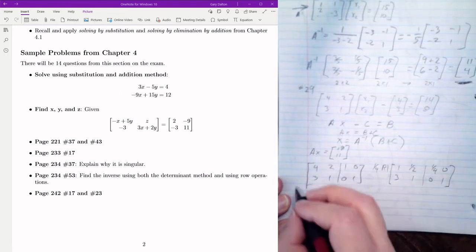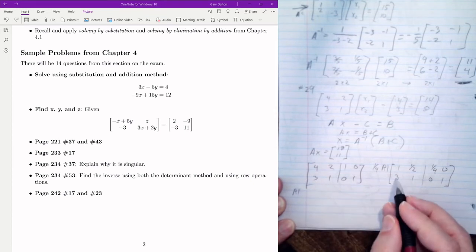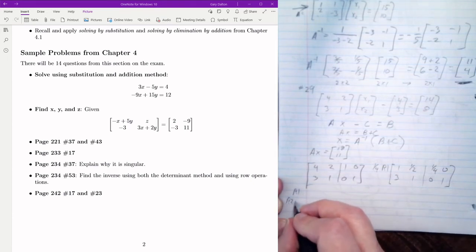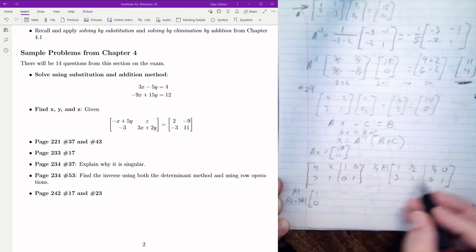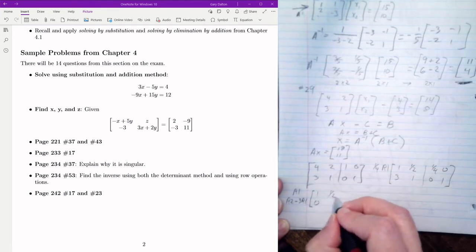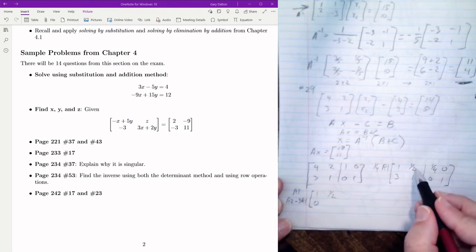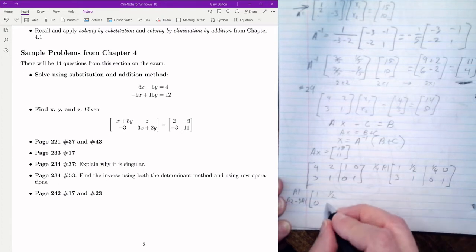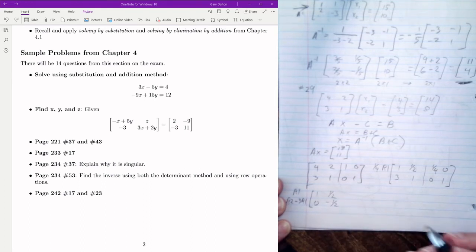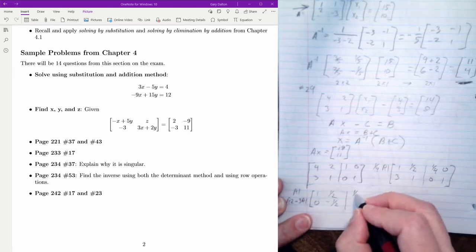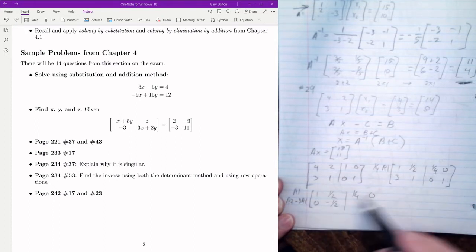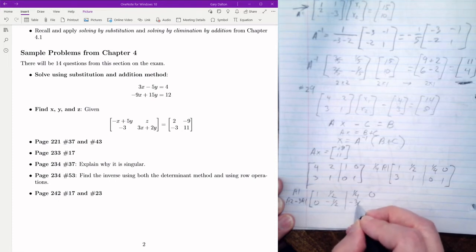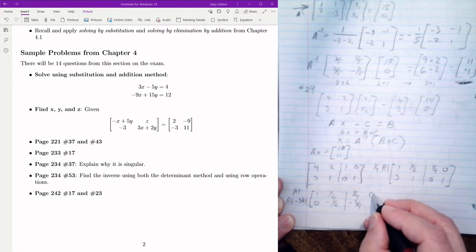Now we have row 1 will stay the same, and we're going to do row 2 minus 3 row 1. 1, 0. 1/2, and then 3 halves, so 1 minus 3 halves is minus 1/2. Yes? 1/4, 0. 0 minus 3/4. And then 1.